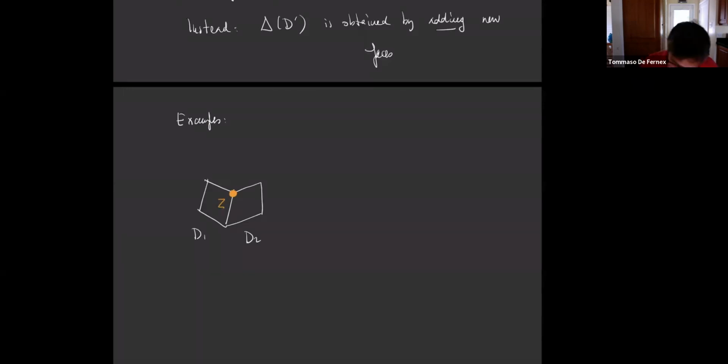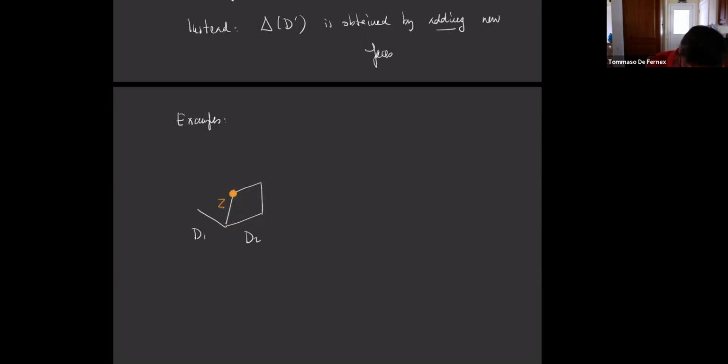Z is contained in this stratum, and is also contained in the closure of this. All my strata are closed here, so it's contained in this stratum, in this stratum, and in this stratum. So it touches all those three strata.